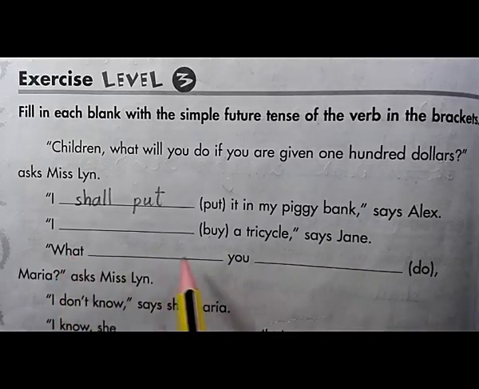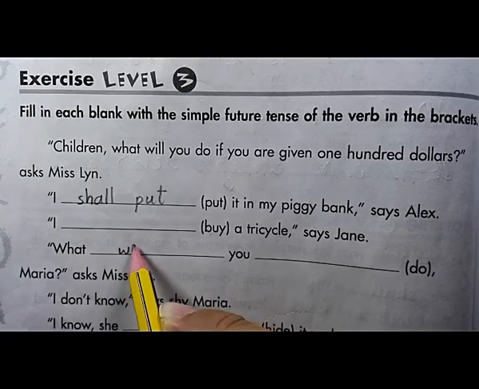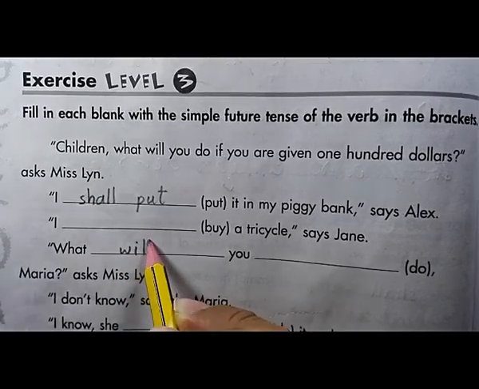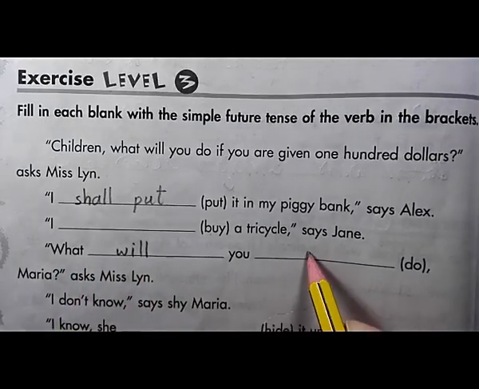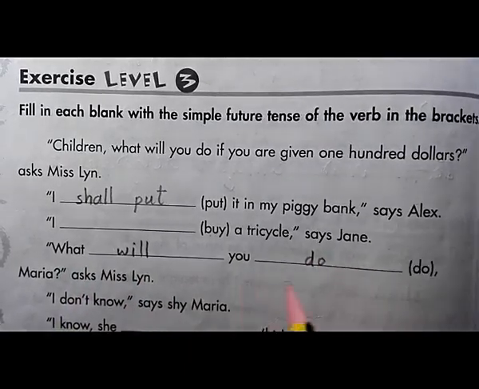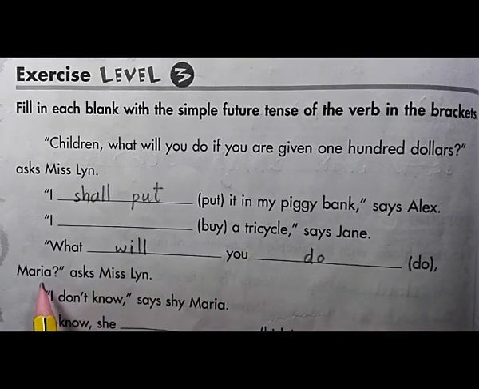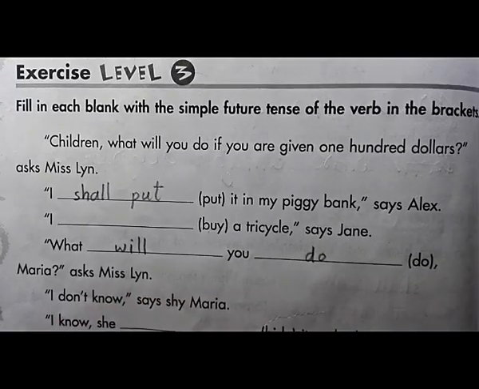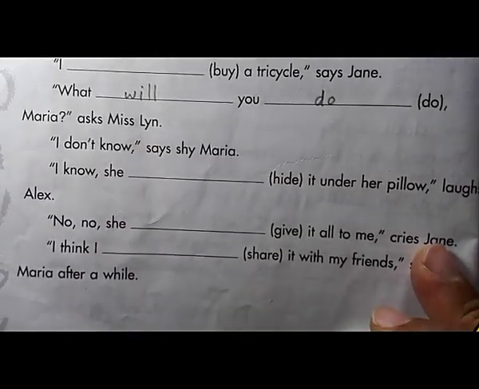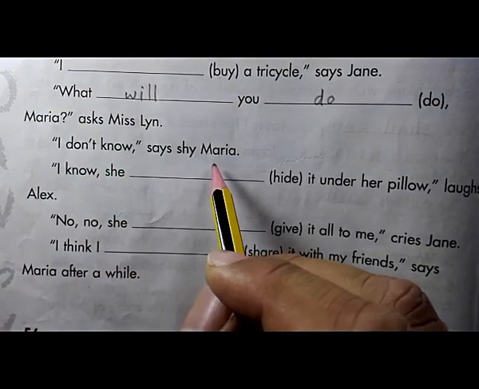And now here is you. So for you, we will write will. What will you do? Maria asks Miss Lin. I don't know, says shy Maria.